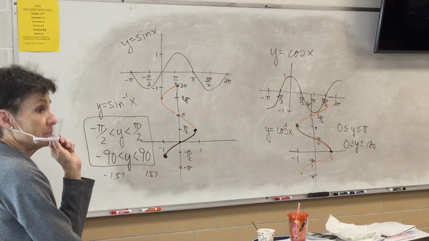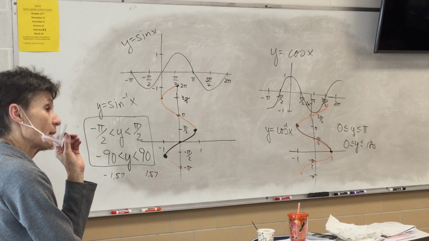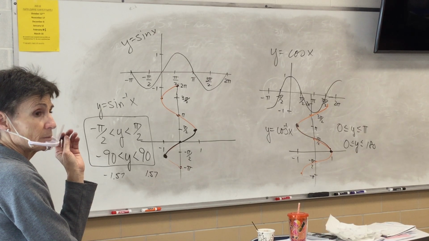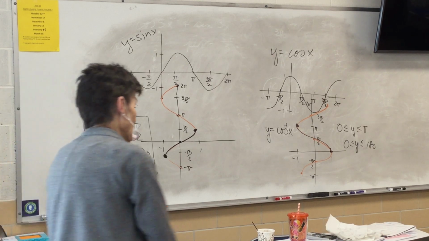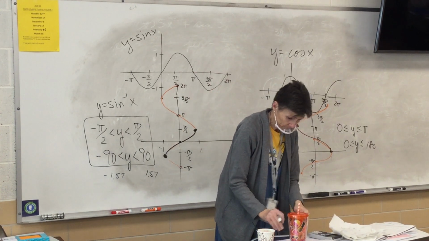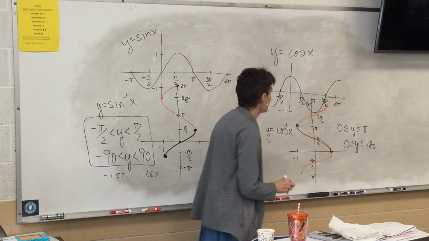You'll never get a negative. It's always going to be 0 to 180 when you inverse cosine on your calculator. It's the same thing with tangent.